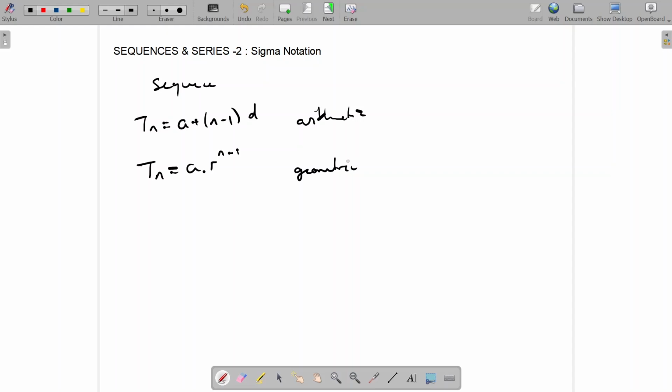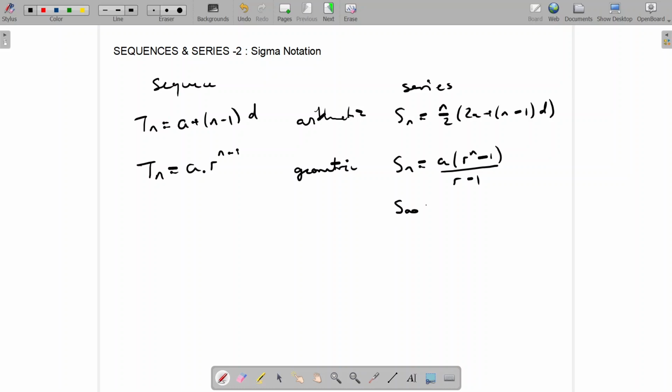Okay, we've changed the word linear to arithmetic, and geometric is substituted for the word exponential. We're now talking about a series. We've seen that S of n equals n over 2 times (2a plus (n minus 1) d), or S of n equals a (r to the n minus 1) over r minus 1.